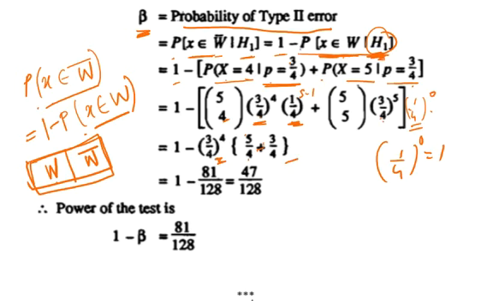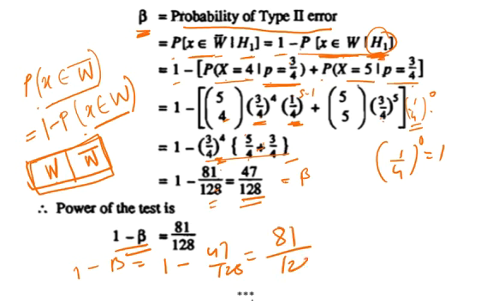If we simplify it, it is 81 by 128, so 1 minus that, ultimately 47 by 128, is the value of beta. So the power of the test is 1 minus beta, so 1 minus 47 by 128, which is again 81 by 128.